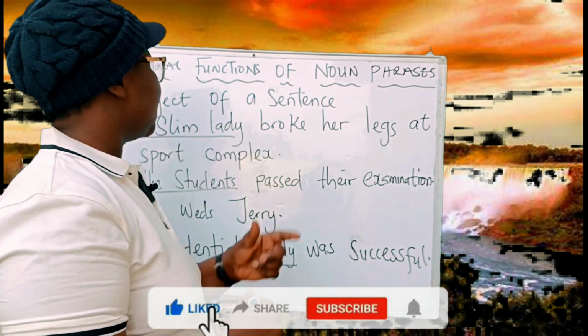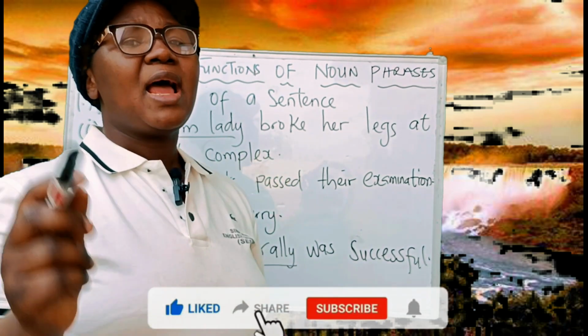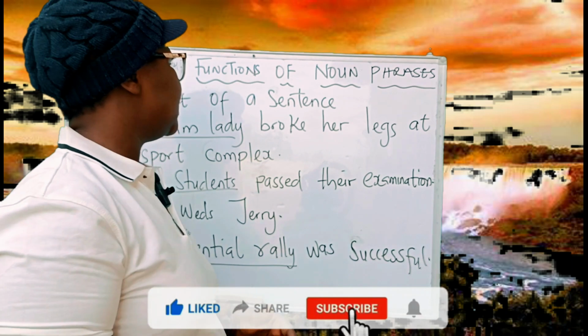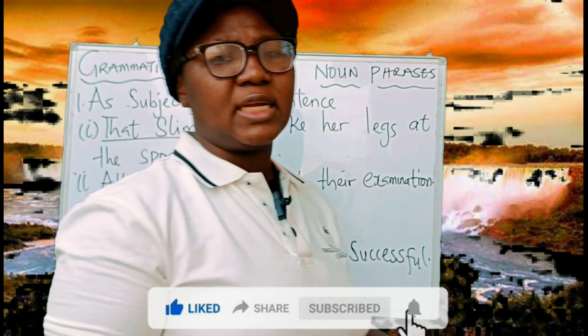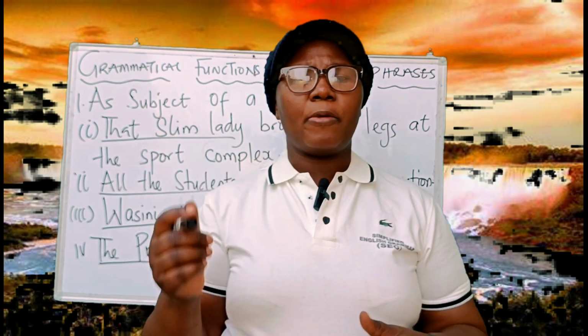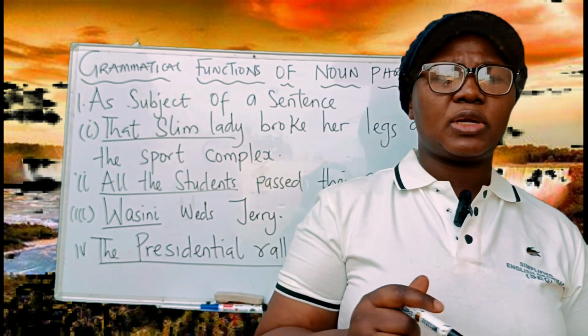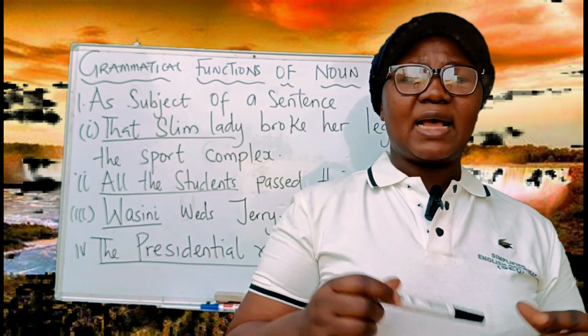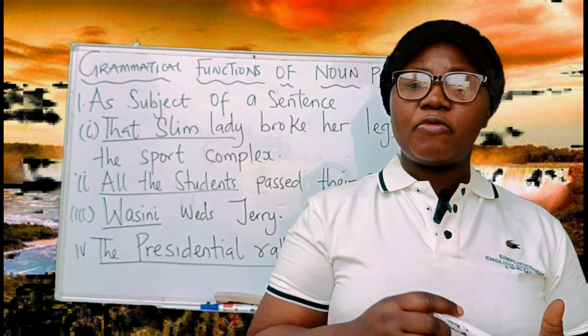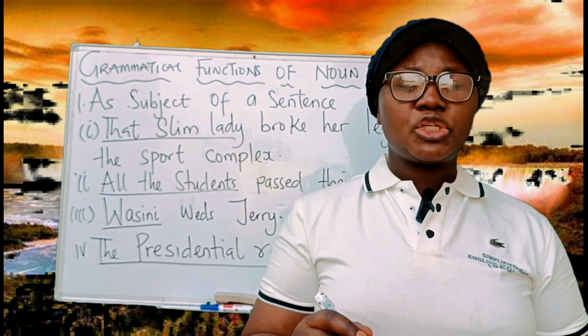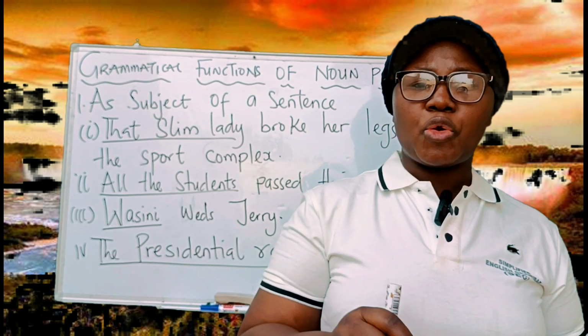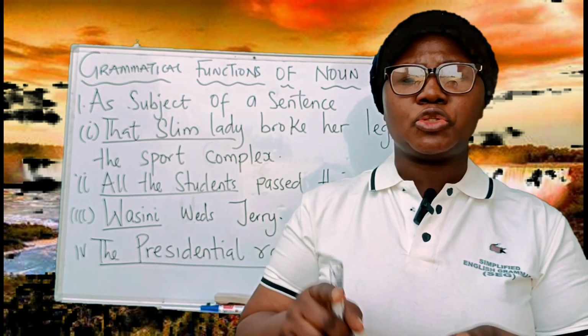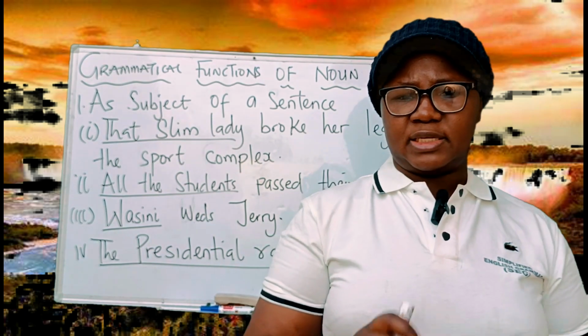Number one, we're looking at noun phrases functioning as subject of the sentence. What does it mean for a noun phrase to function as a subject in a sentence? Grammatical function simply means the function performed by a word or a group of words in relation to its position in the English sentence.